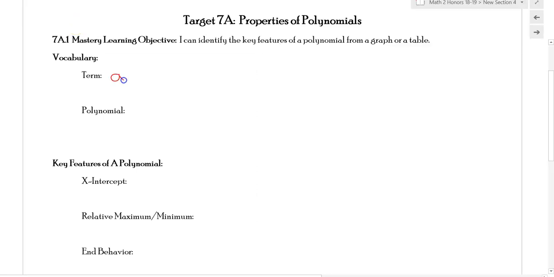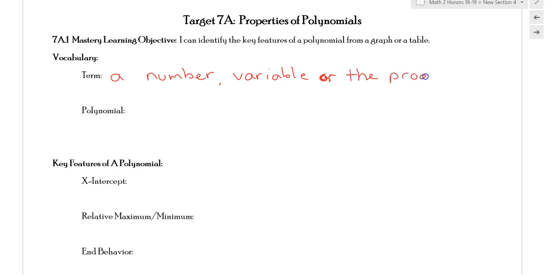And a term is a number, a variable, or the product of numbers and variables.